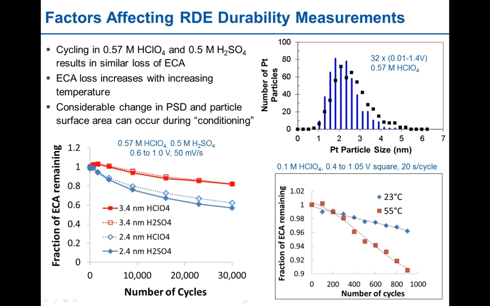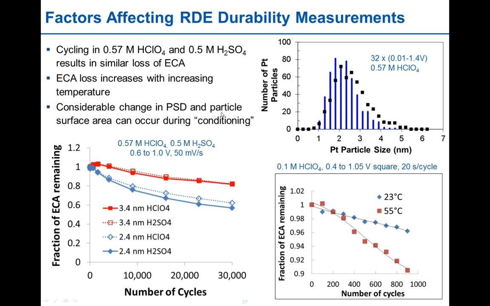But if you're using 0.1 molar perchloric acid, you'll see losses that are less than what you see for the half molar sulfuric acid. So electrolyte identity is important, and electrolyte concentration. Also, as I mentioned previously, the ECA loss depends on temperature. So as you increase the temperature, as I show in the lower right plot, you see increased loss of electrochemically active surface area and ORR specific activity.